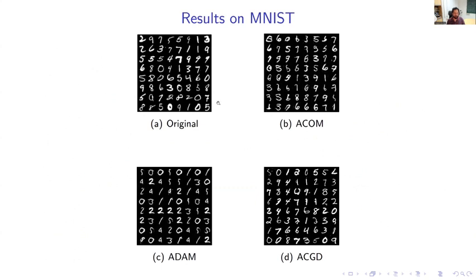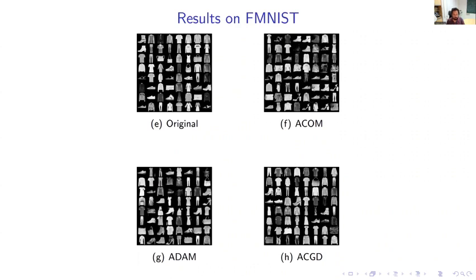So if we look into the MNIST data sets, then this is our method. It tends to produce images that are close to the original, and these are also compared with other second order methods like ACGD. If we look into fashion MNIST as well, we have similar outputs here, which tend to correspond to the original image, and it also tends to create good enough diversity.